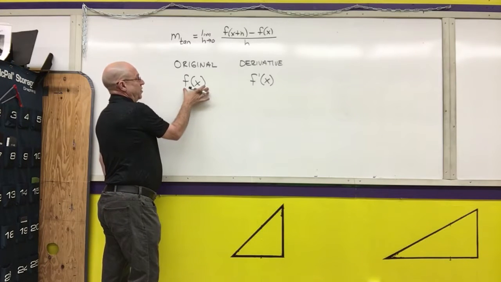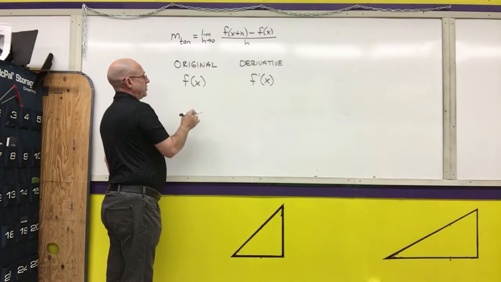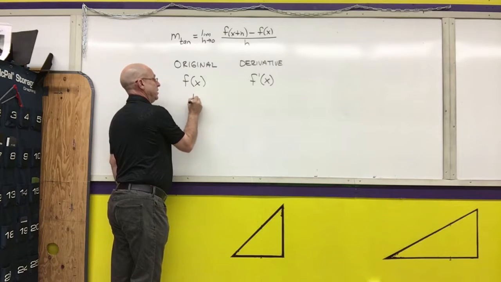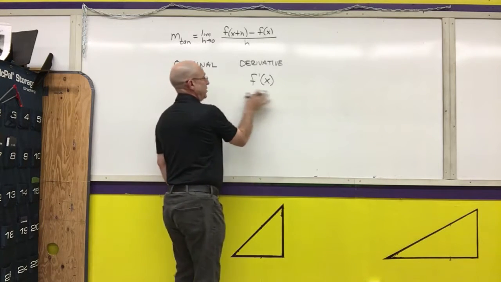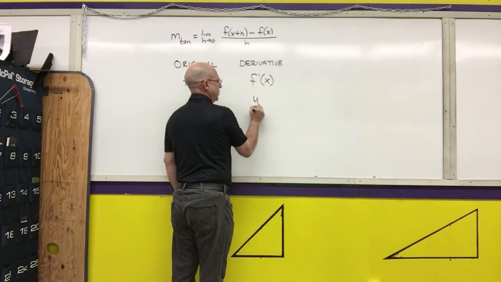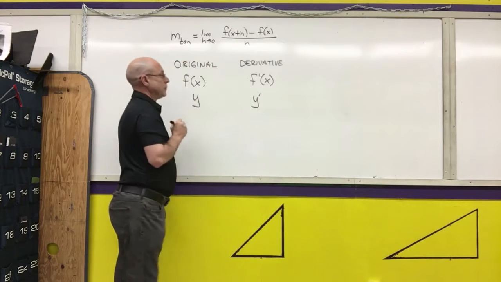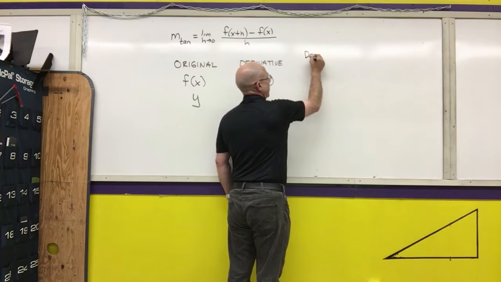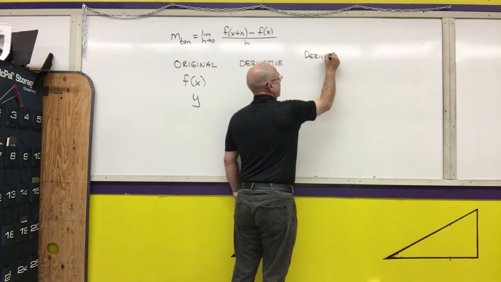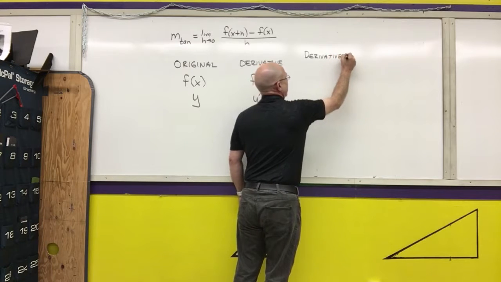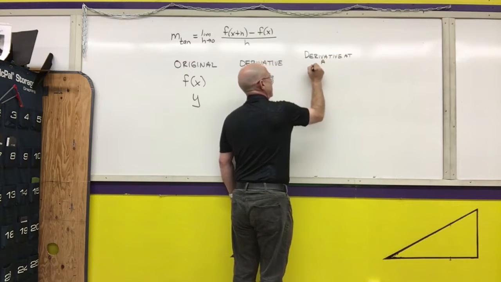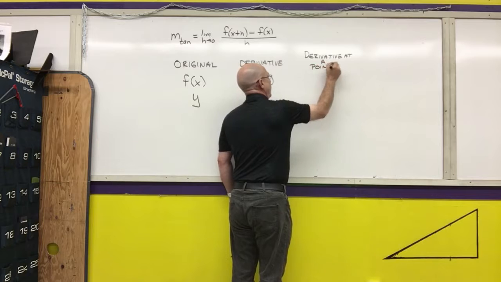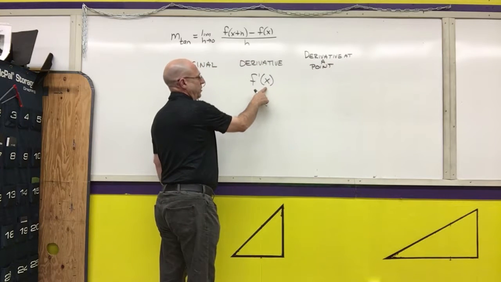We also know that another name for f of x in some cases is y. So another way to denote the derivative is y prime. If I want the derivative at a point, which we did in our last video, we would write what point I want the derivative of.